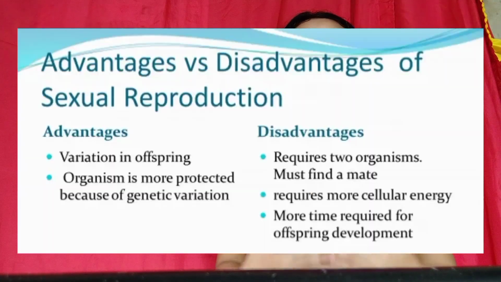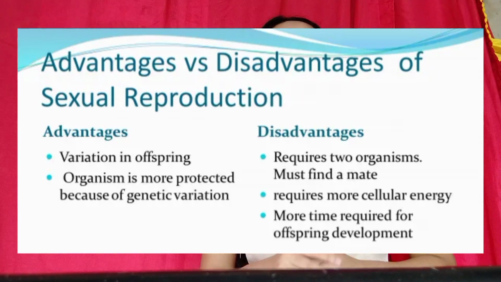What are the advantages and disadvantages of sexual reproduction? The advantage of sexual reproduction is that there is a lot of variation in the offspring. Also, the organism is more protected because of the genetic variation.